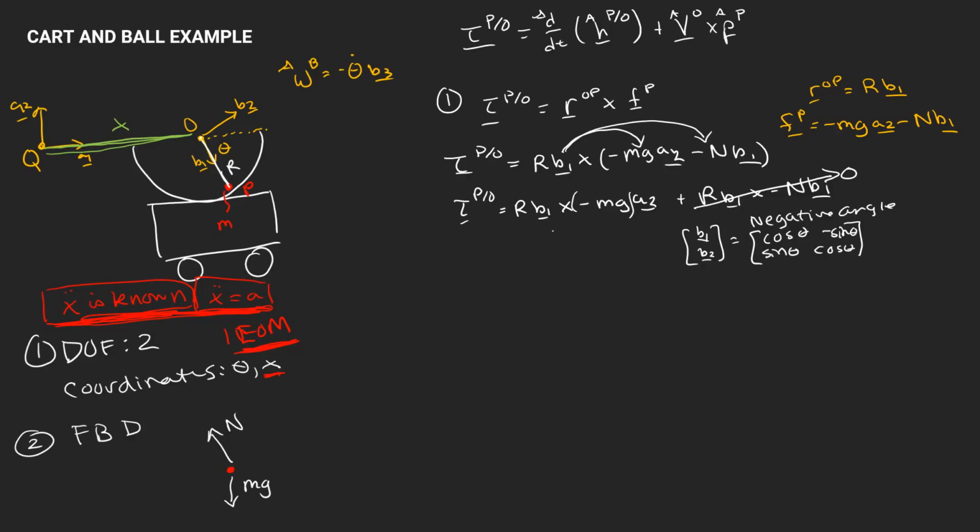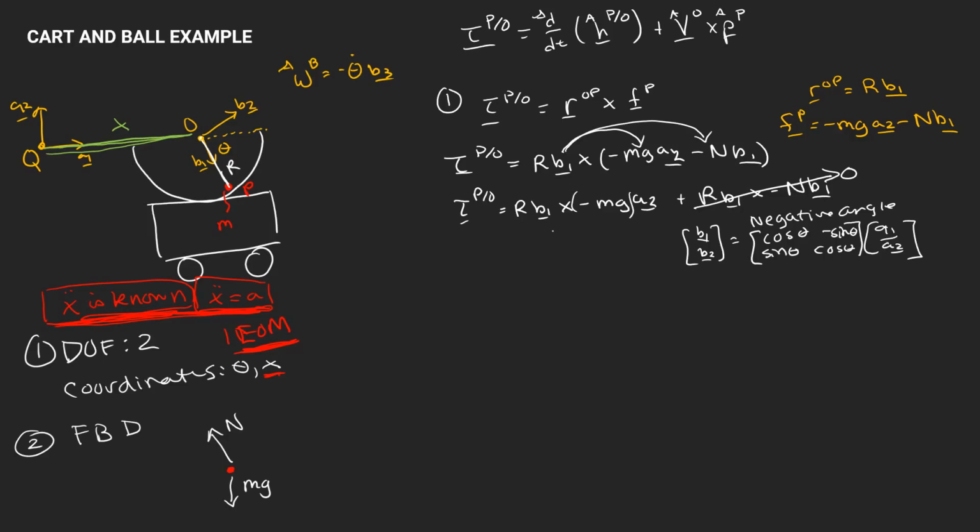So the negative sign of the sine theta switches to what would be the case if we had positive angles. And so make sure to check out the notes on coordinate frames if this is unclear why. But that's important to remember.